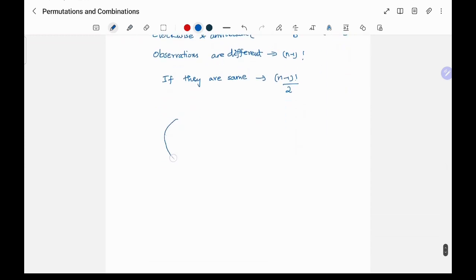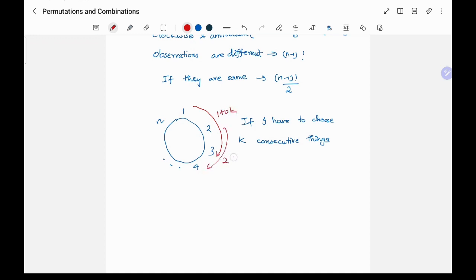So the next is, if I have n things, 1 2 3 4 and so on up to n, and I have to choose k consecutive things, for example, I can choose from 1 to k, then from 2 to k plus 1, and from 3 to k plus 2, and so on, right?